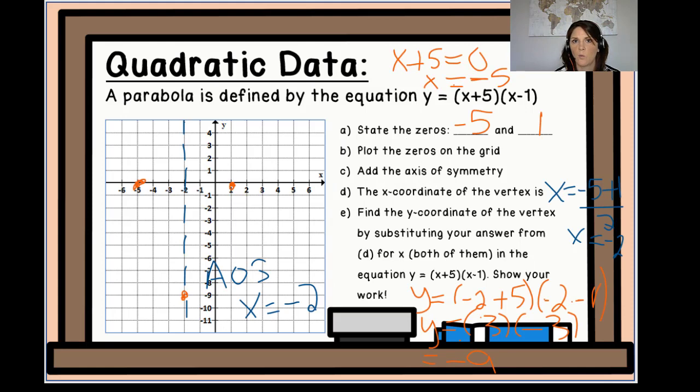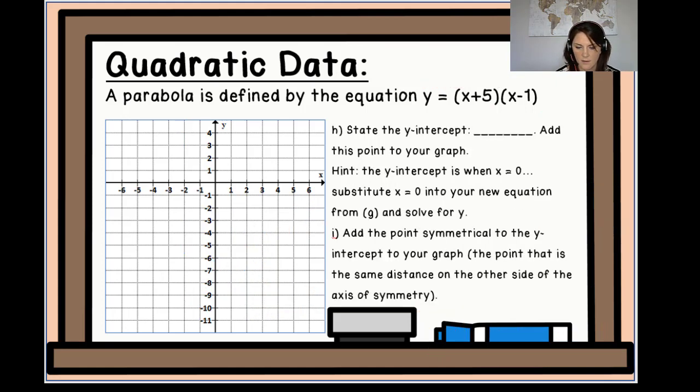Let's put our y-intercept on our graph. The coordinate for the y-intercept is at 0, negative 5. So go ahead and record that on your sheet.